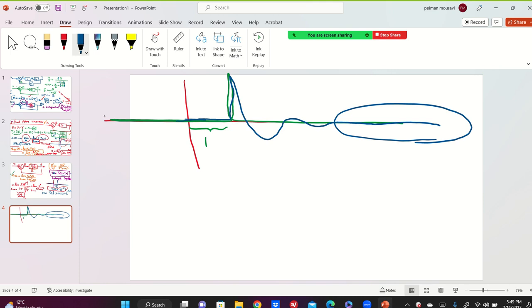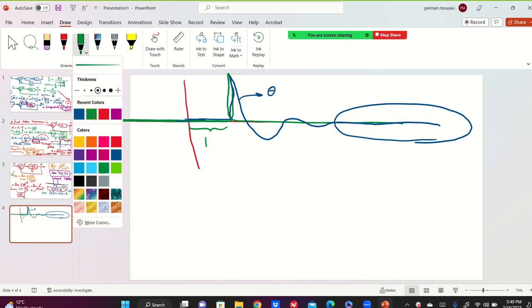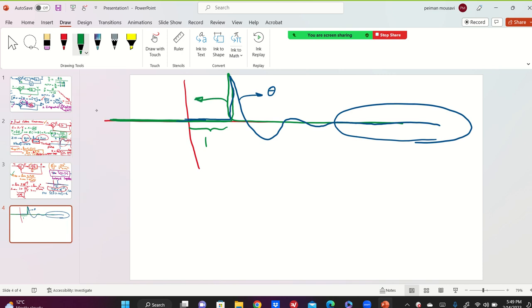The output, this is the output angle. This is the input, the impulse. The output follows the input finally. That's right. But is this true?